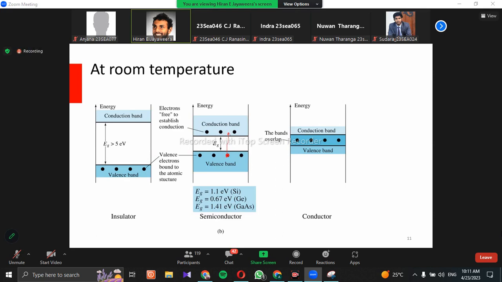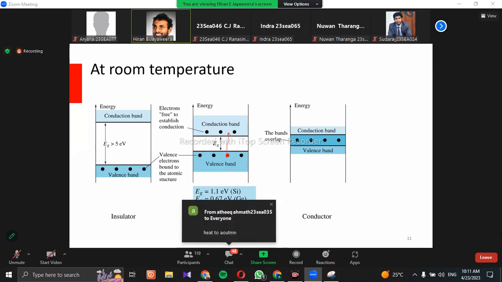Any idea? You can write your answers in the chat window. Any idea is accepted. Supply energy by heating. Okay. Somehow we need to supply energy, right?